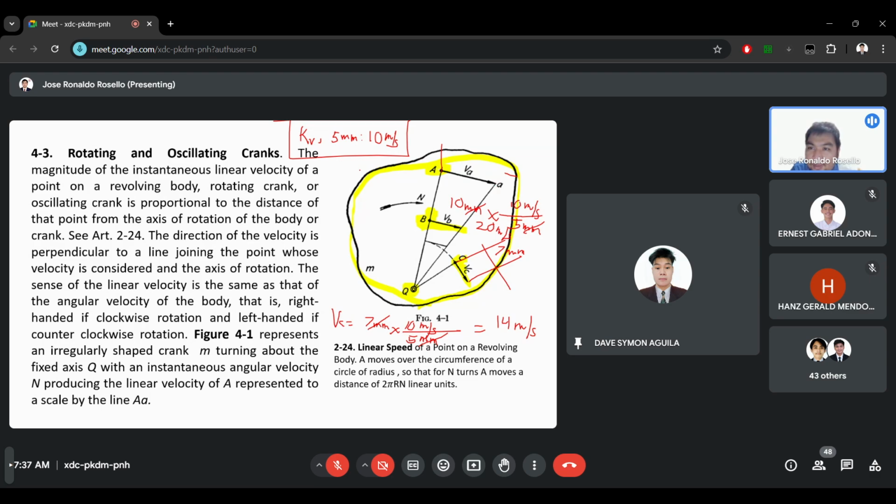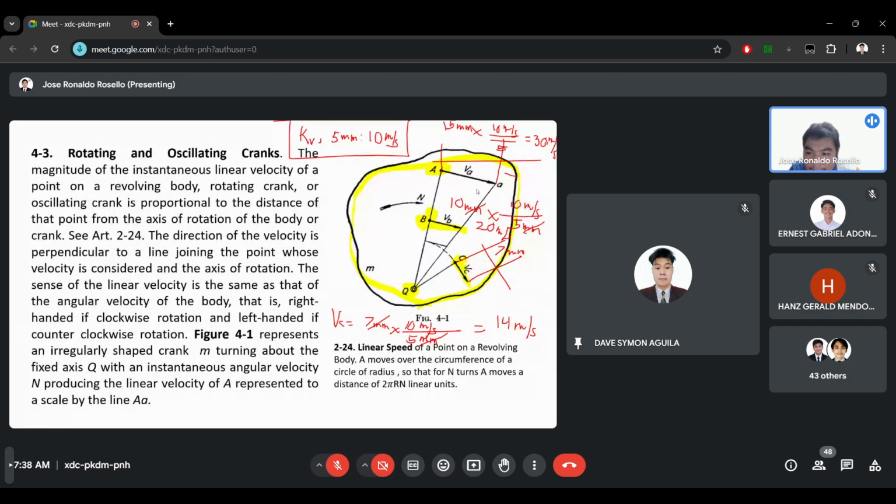With a velocity scale of 5 mm to 10 meters per second, you measure the length of the velocity A using a ruler. If it comes out as 15 mm, we multiply it with 10 meters per second over 5, and this gives 30 meters per second. So that's how we do velocity analysis.